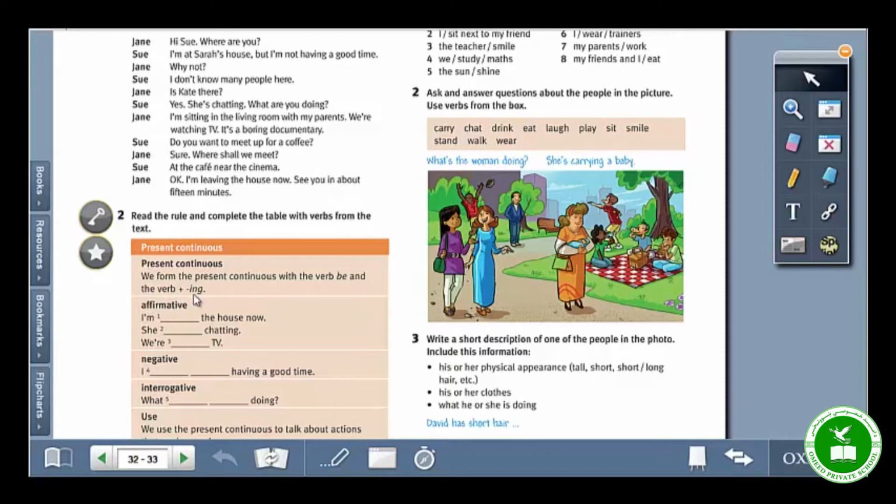For example, I am talking, you are listening, you are watching this video. Okay? Let's make some affirmative sentences. I am leaving the house now. Okay, look at this sentence here. I am, okay, I'm leaving the house now. Very nice.